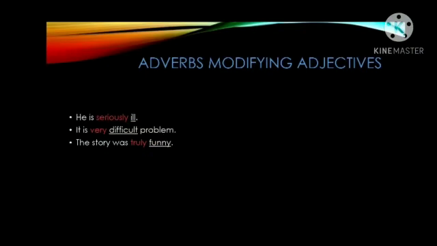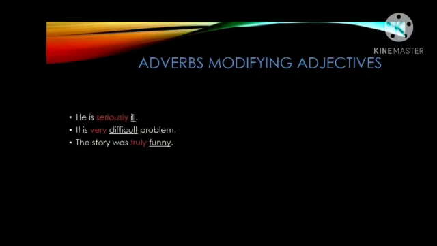Now come to the next example, adverbs modifying adjectives. He is seriously ill. What do we find? Here we have an adverb, seriously, because it describes the person who is ill.